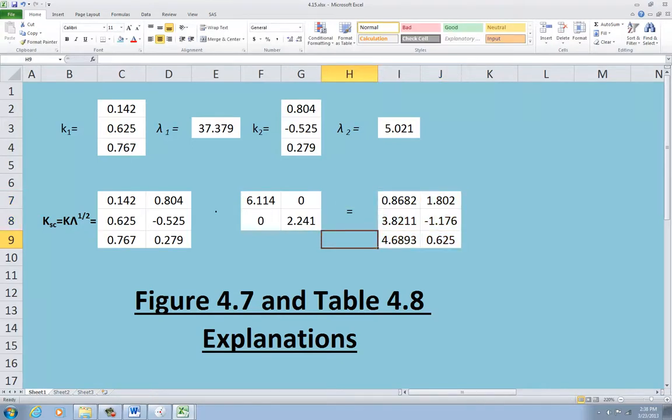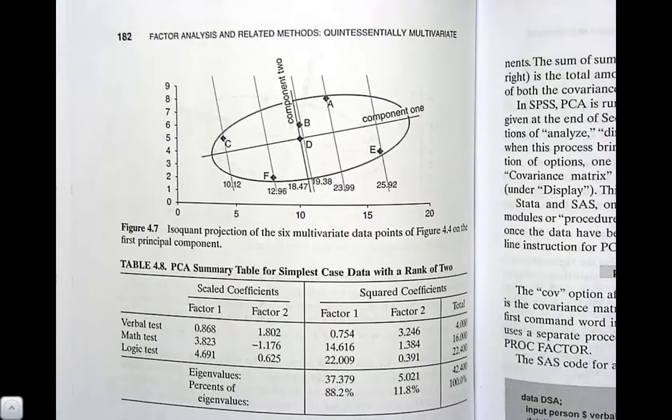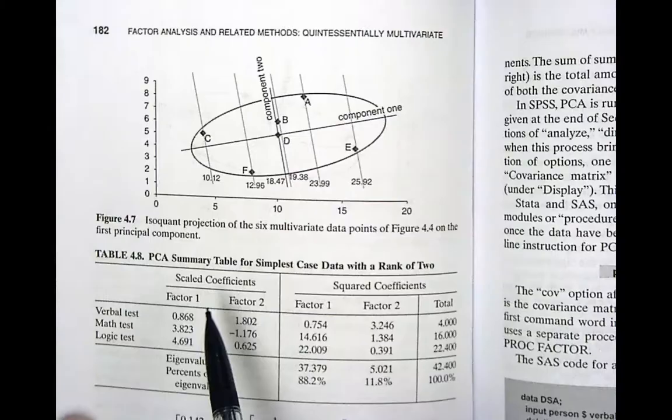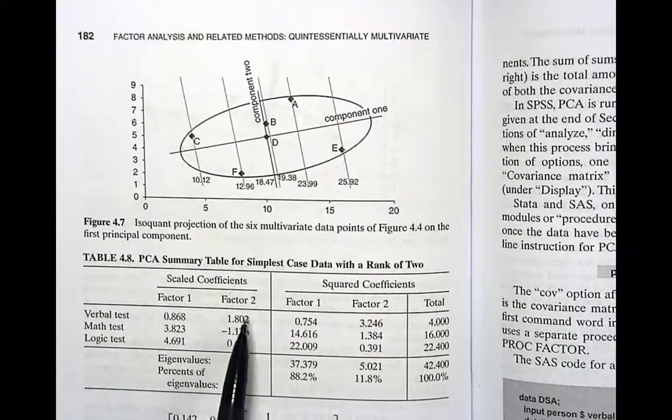And this is what you see in table 4.8, the PCA summary table for simplest case data with a rank of 2, that you see here. So these are the scaled coefficients that we just calculated.